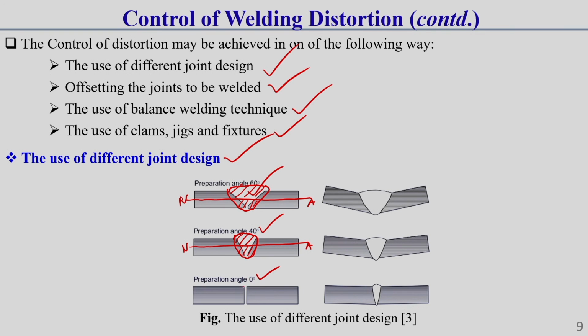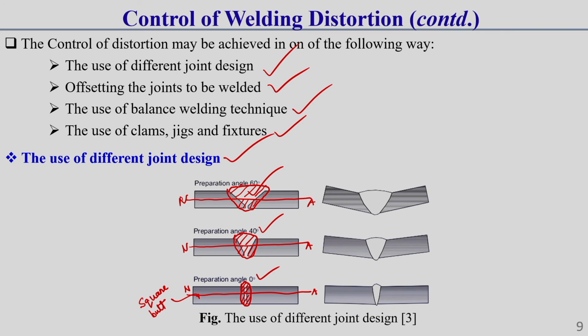But if the angle is 0, this has a specific name; it is called a square butt joint. What is it called? A square butt joint. In case of a square butt joint welding, you can get a weld bead which is more or less uniform through the thickness. So, about the neutral axis, the portion of volume of molten material on the top side is almost the same as below the neutral axis.